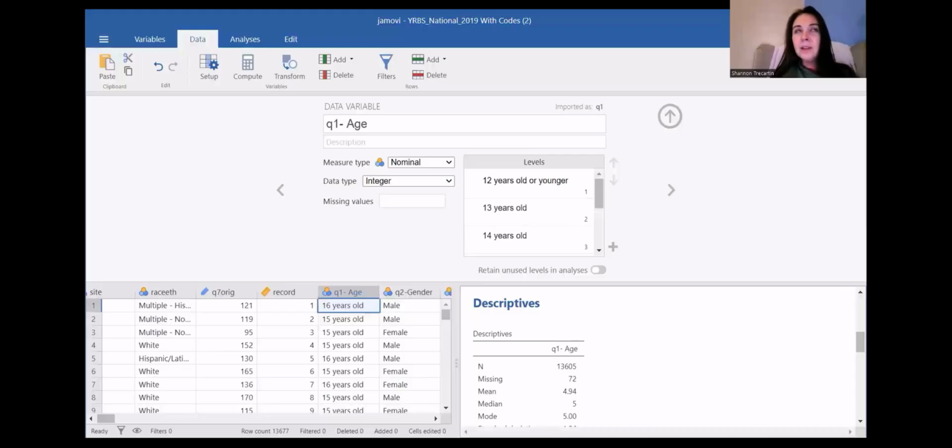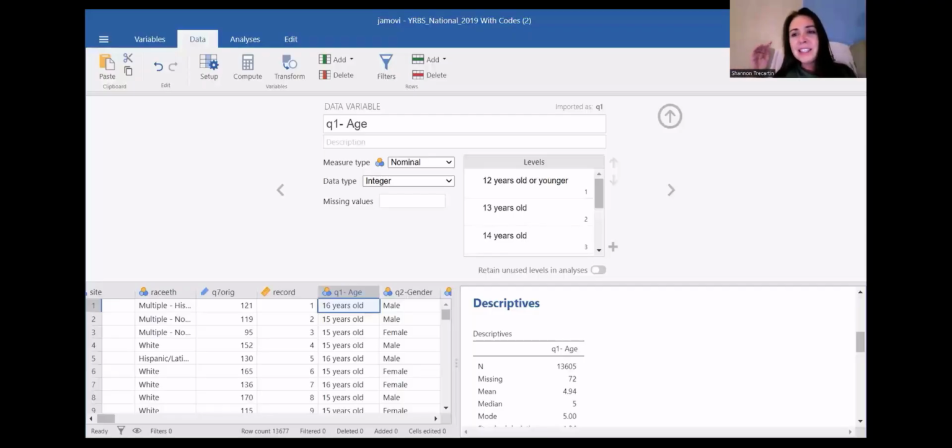Okay. In the previous presentation, we talked about mean, median, and mode. We said the mean is useful when you have true numbers, where a 12 equals 12, a 13 equals 13, and 14 equals 14. In this case, we have almost that, but we have these lumps at the beginning and at the end where 12 years old or younger encompasses way more than just 12-year-olds, and 18 and older encompasses more than 18-year-olds.